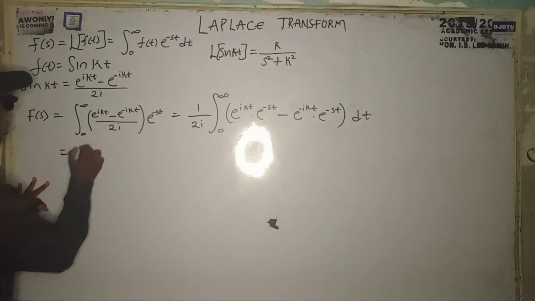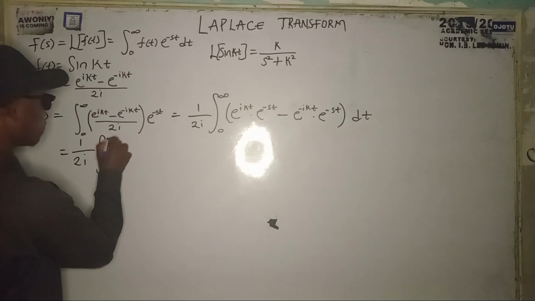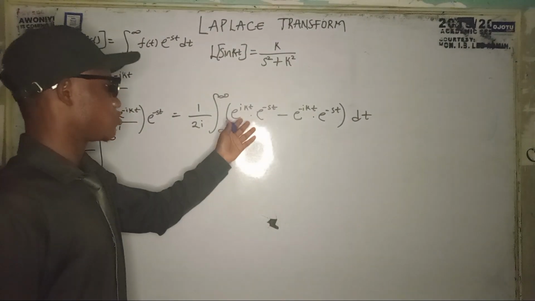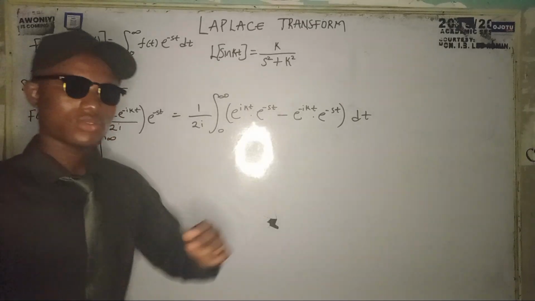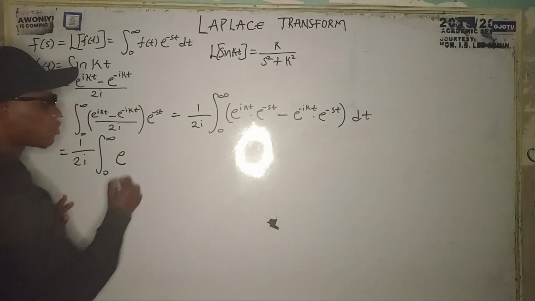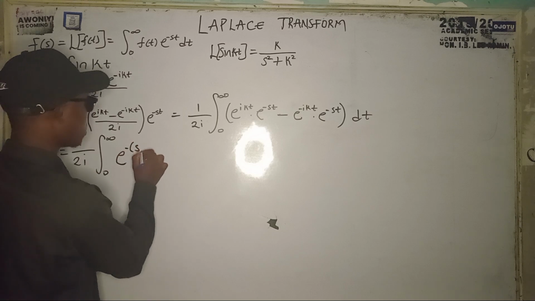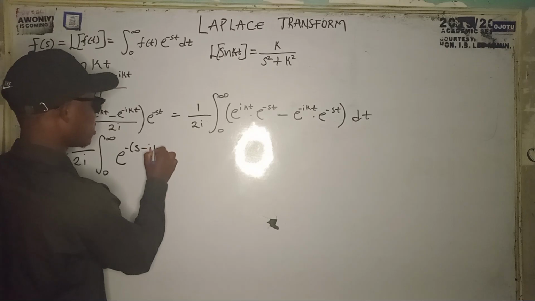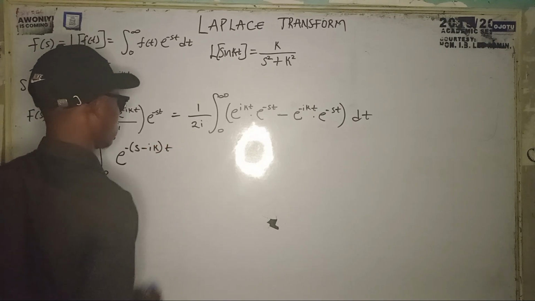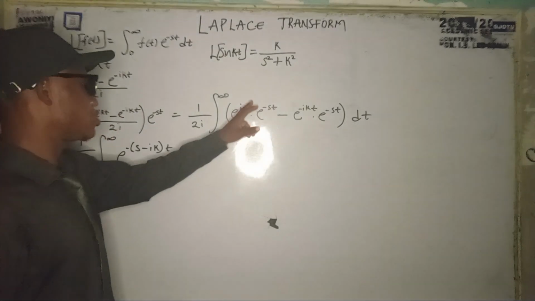We move on to 1 over 2i. Now we have the integral from 0 to infinity. Using the law of indices, since they have e times e, we just add up the powers. So here we have e raised to the power minus, open brackets, s minus ik, into t. Now, for people that are good at indices, you might be questioning how this became this.